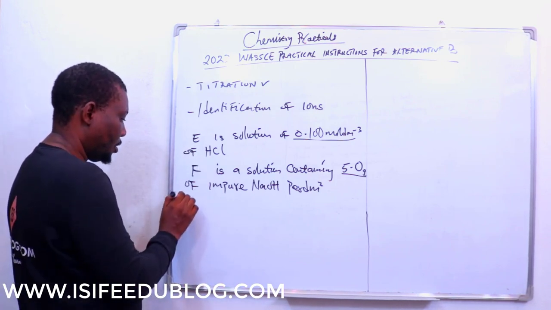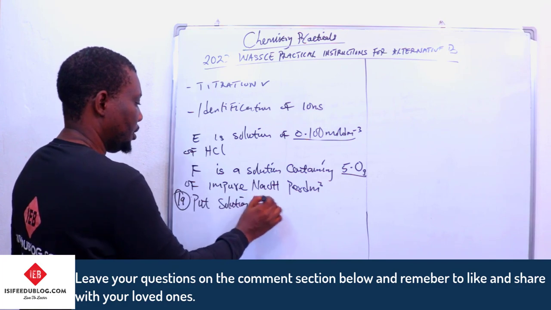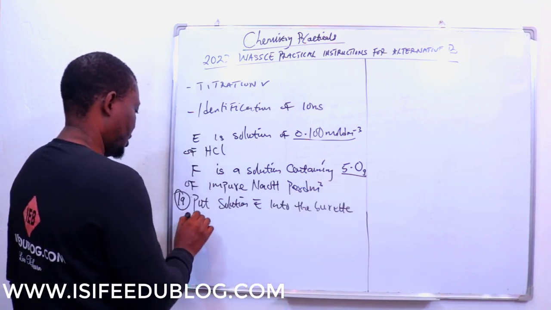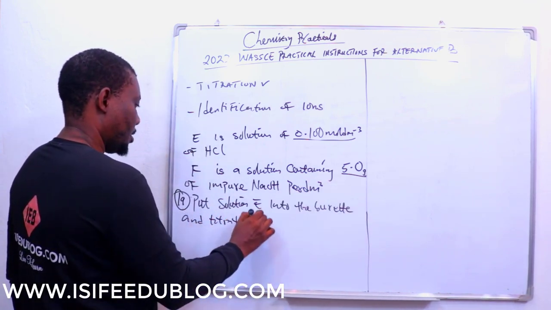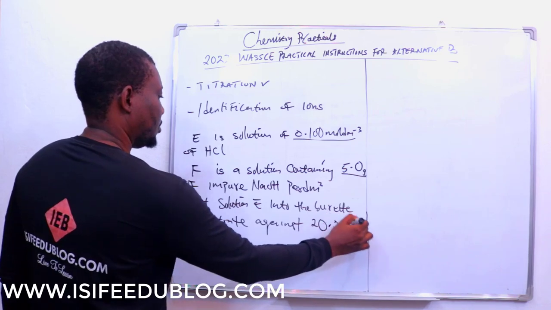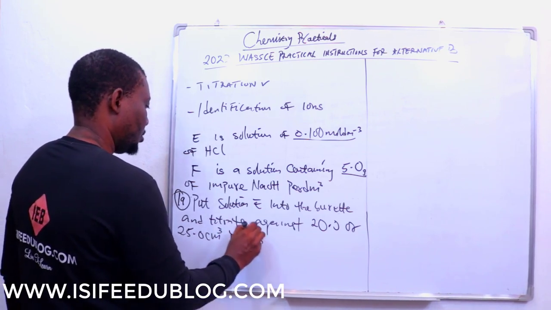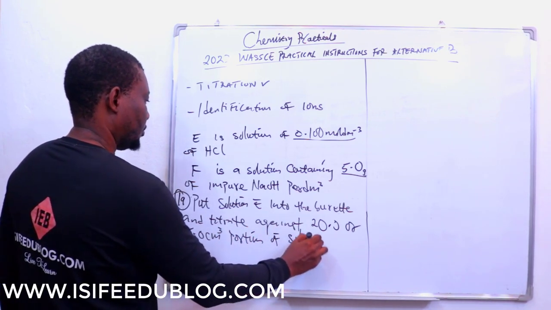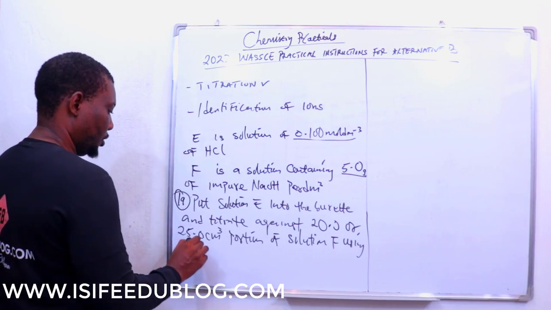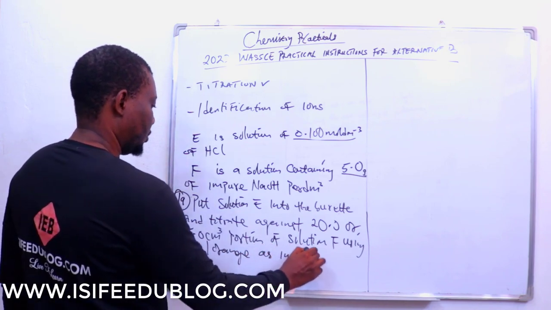That will always be question 1A. Put solution E into the burette and titrate against 20.0 or 25.0 cm³ portion of solution F using methyl orange as indicator.